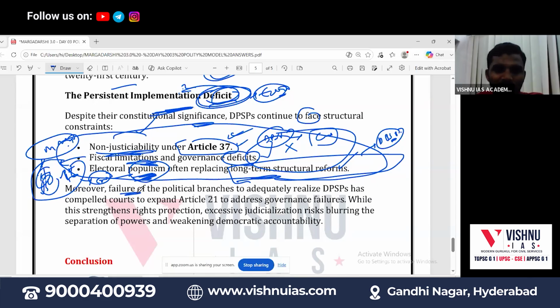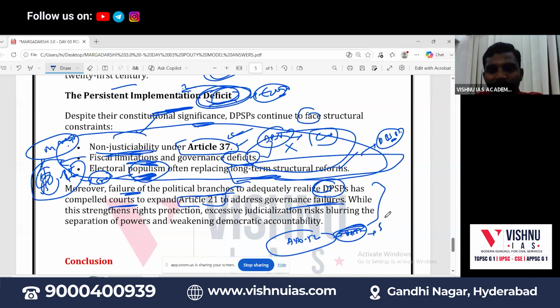Moreover, the failure of the political branches to adequately realize the DPSPs has compelled the courts to expand Article 21 to address the governance failure. This is an excellent point, because Article 36 to Article 52, these DPSPs, are the responsibility of whom? The state. But actually the state is not implementing these articles. For that reason, the judiciary entered this area.